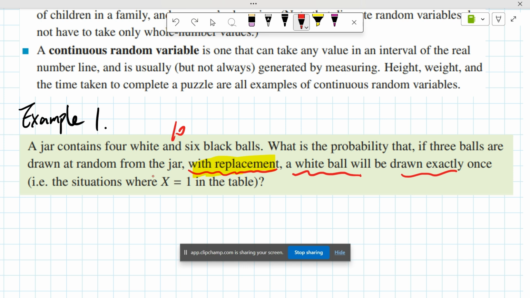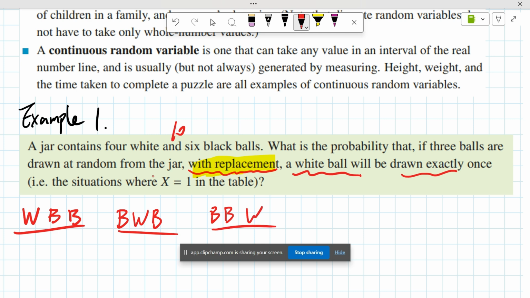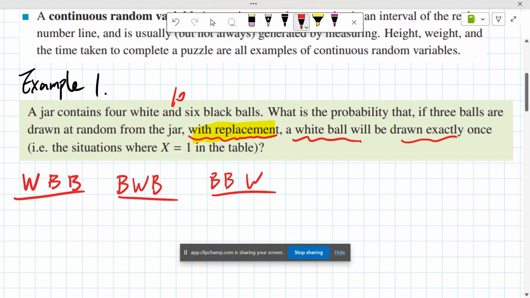So if the first one is white and the second and third are black, that's the first outcome. If you pick a black ball first, then a white ball in second and a black ball in third, that's another one. And 2 black balls and then 1 white, that's the third one. So we only have 3 outcomes.